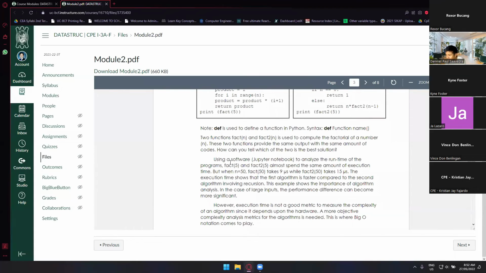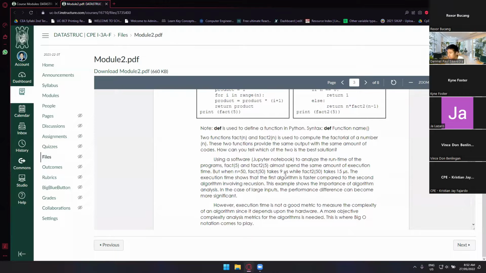However, using software, let's say Jupyter Notebook, to analyze the runtime of the programs, the first one and then the second one almost spend the same amount of execution time. But when n is now equal to 50, this is where they will differ from each other. So say fact 50 takes 9 microseconds, while the second fact, running 50 times, will take 15 microseconds.